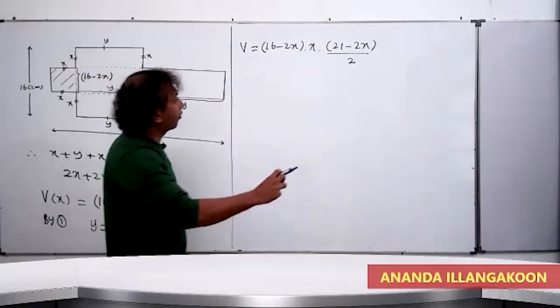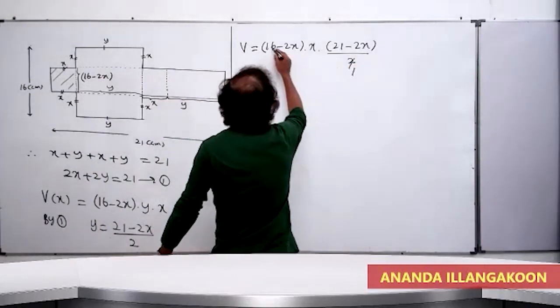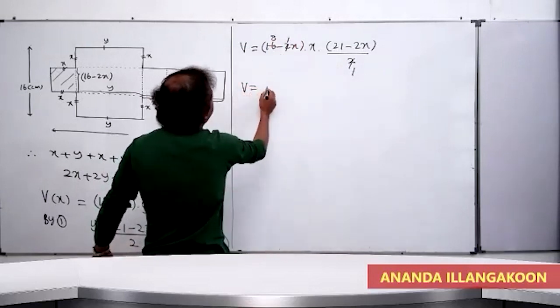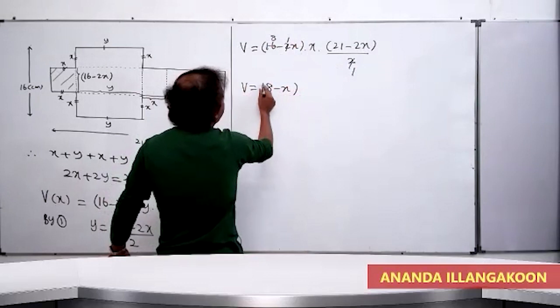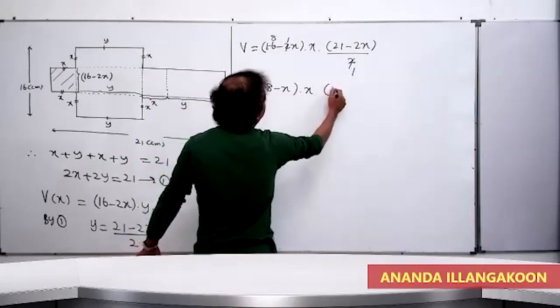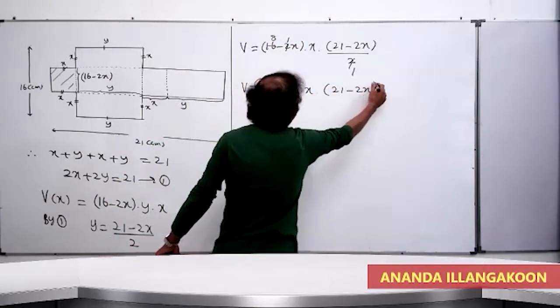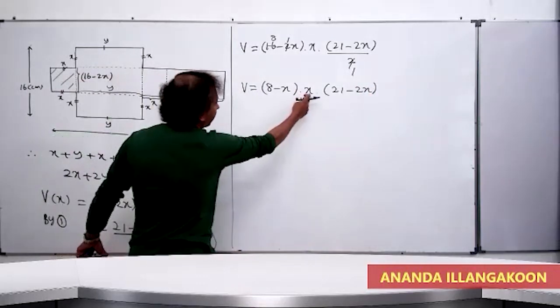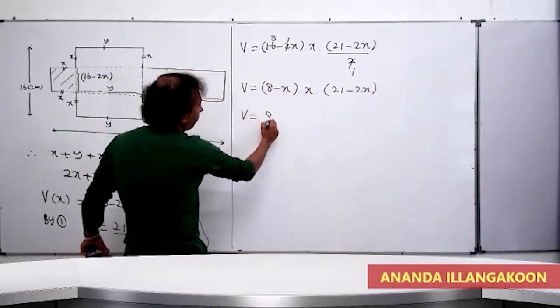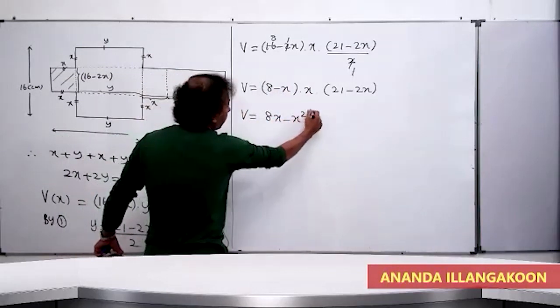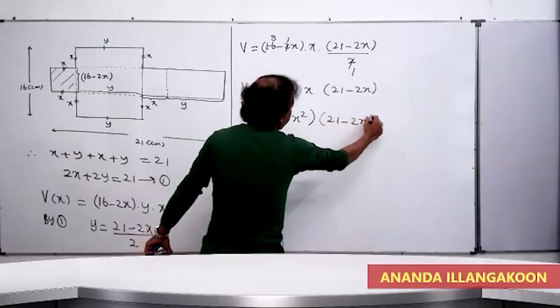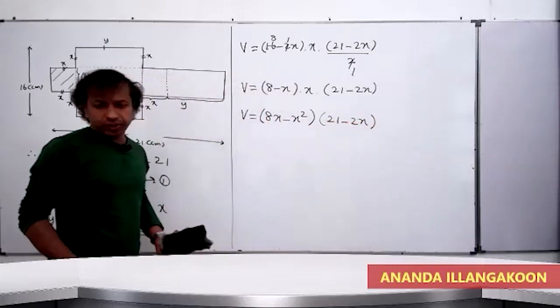By this 2 we can cancel down here, 2, 8 and 1. 8 minus x times x, 21 minus 2x. Right, so then we can multiply by this. 8x minus x squared, 21 minus 2x. This is what we get, right?